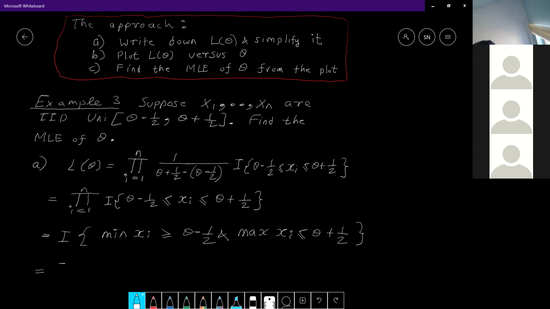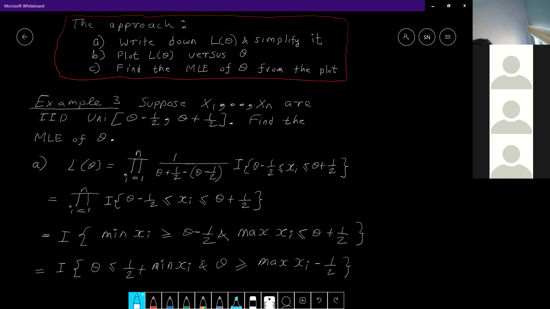You can say this is the same as saying theta is less than or equal to a half plus the minimum of xi, and theta is greater than or equal to the maximum of xi minus a half.